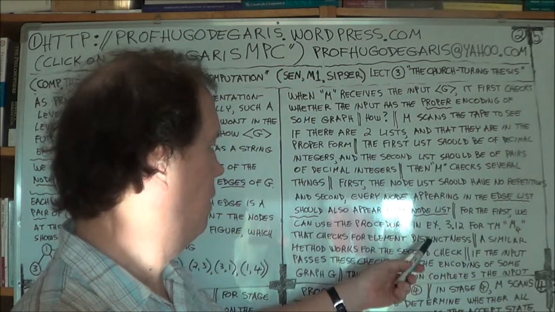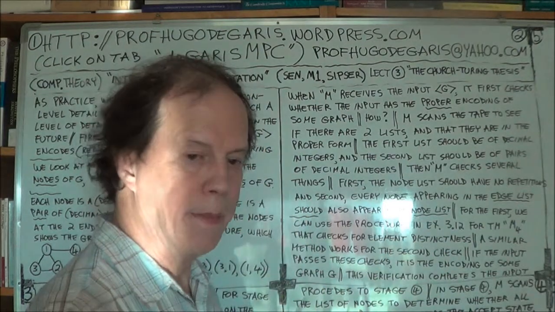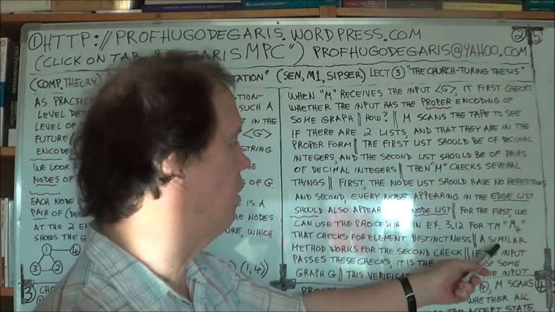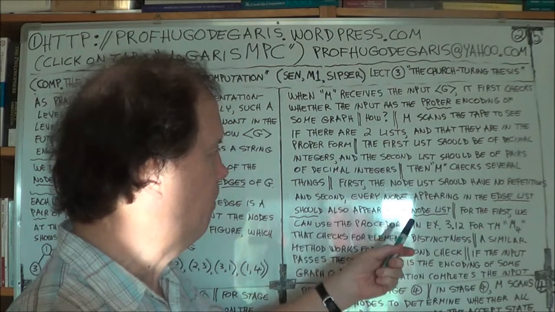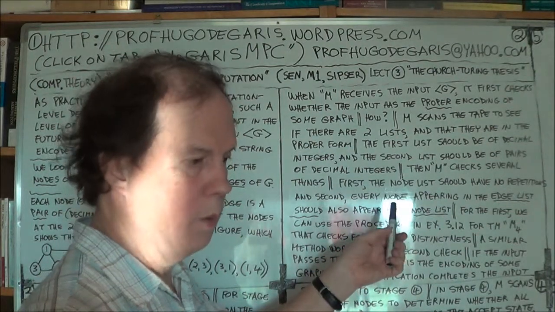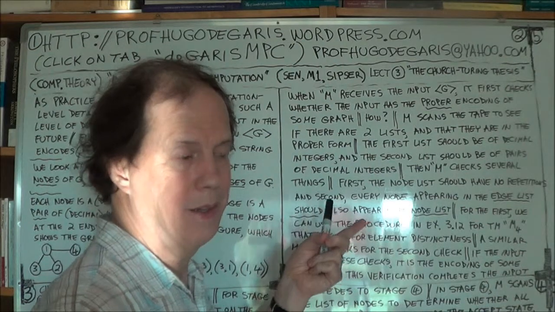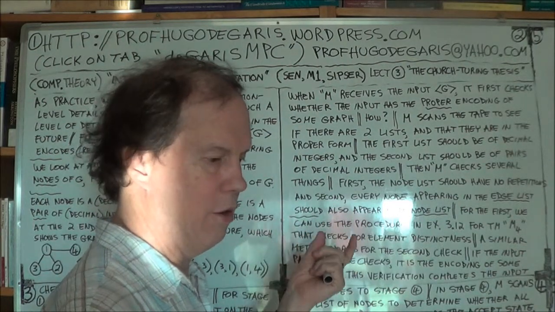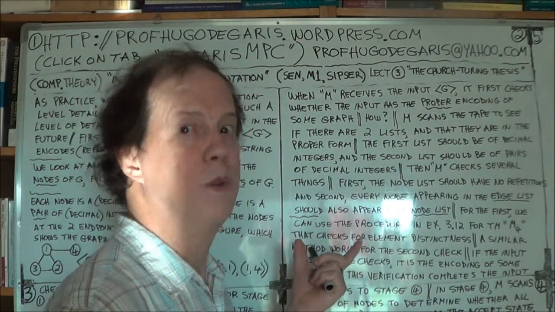Now you could do something like that for checking that there are no repeats of the node numbers, and you can create a similar algorithm for checking that all the node numbers mentioned in the edge list are also members of your node list.